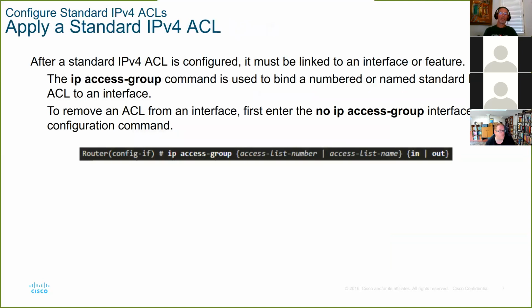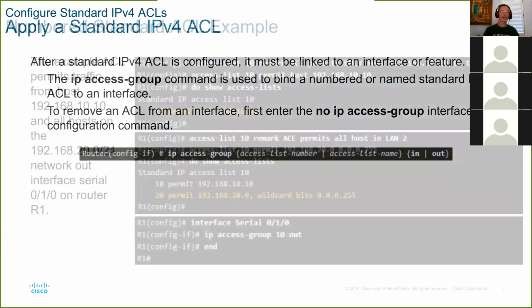Okay, so once you define all of your ACEs and you've got the ACL ready to go, you go onto the interface and use the IP access group command, specify the number or the name, depending on how you configured it, and whether it's inbound or outbound. As soon as you apply it to the interface, every packet is going to start becoming inspected. Having it defined but not applied to an interface does absolutely nothing. Just keep that in mind.